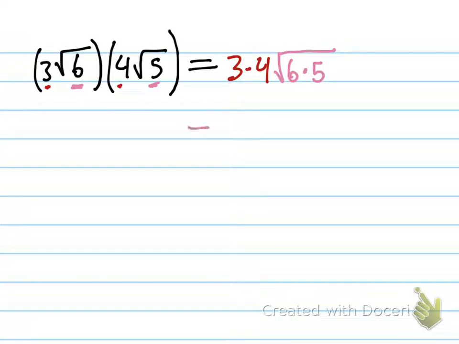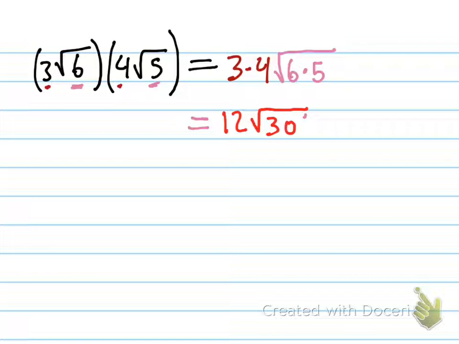And so what's 3 times 4? That is equal to 12. And the square root of 6 times 5, what's 6 times 5? That's 30.